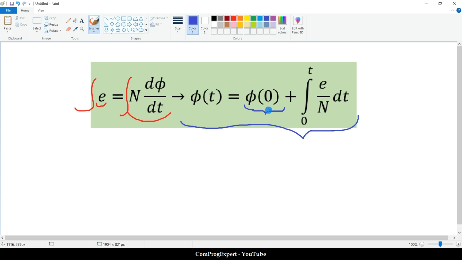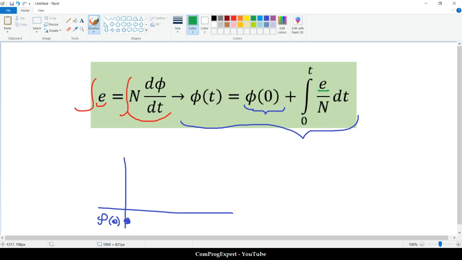Suppose this is phi 0, but we don't know that, and we start integrating this function.